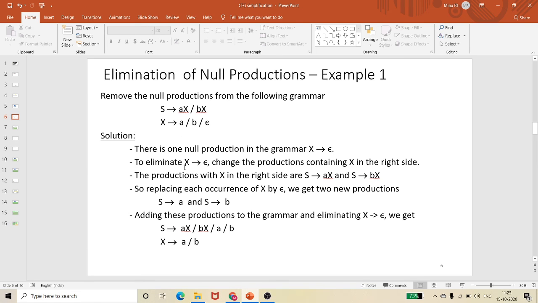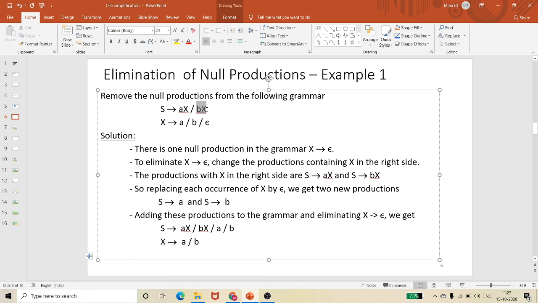To eliminate it, change the productions containing X on the right hand side of S. The productions of S give AX and BX. While substituting epsilon in both places, we get two new productions, S gives A and S gives B. Just append them and remove this epsilon from your grammar. This is the way we can eliminate null production.